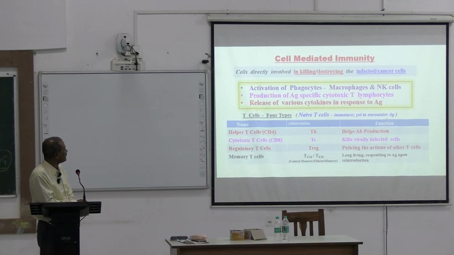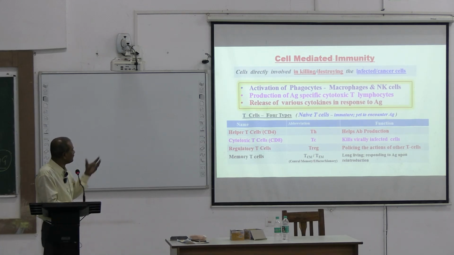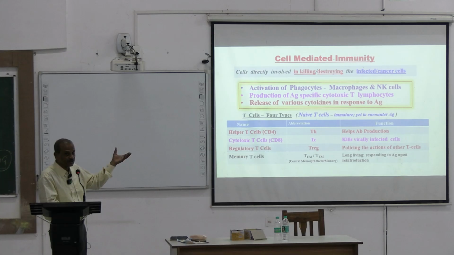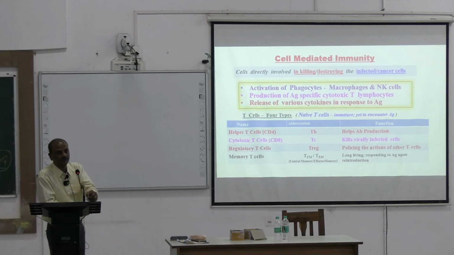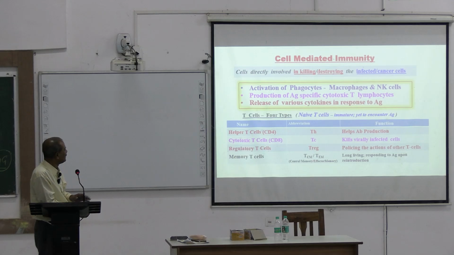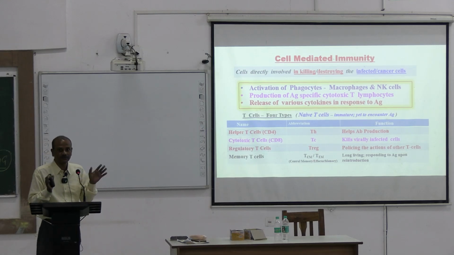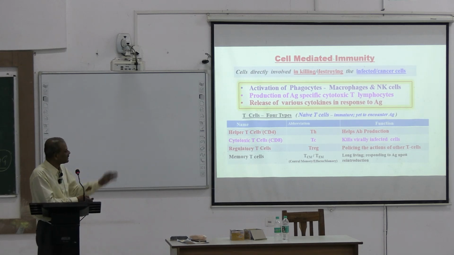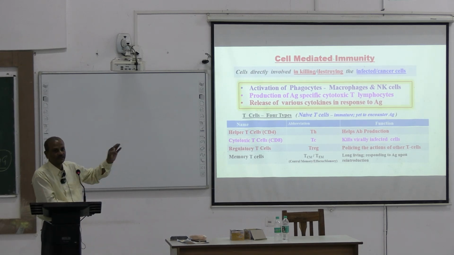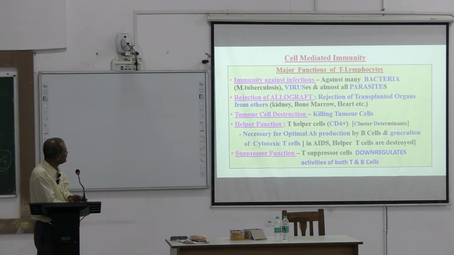Remember the function: there is an activation of phagocytes, then production of antigen-specific cytotoxic T cells, because the cytotoxic T cell is the T cell which kills the bacteria or virus, and then the release of various types of cytokines, which is beyond the scope of this short class. Cytokines are basically interleukins; one full class will be required on cytokines.